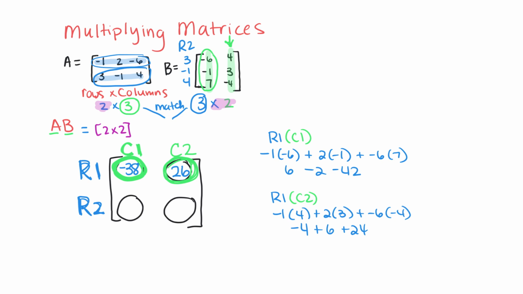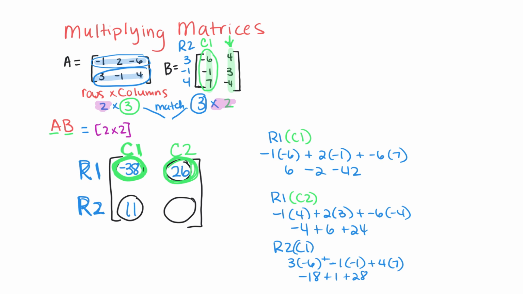If I'm multiplying row 2 times column 1, I'm going to have 3 times -6, -1 times -1, which I'm going to add, and then 4 times 7. So what I have there is -18 plus 1 plus 28. That's going to be 11. And that's going to go in this spot right here.